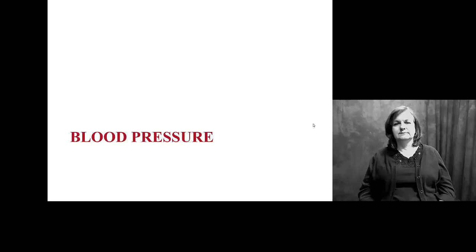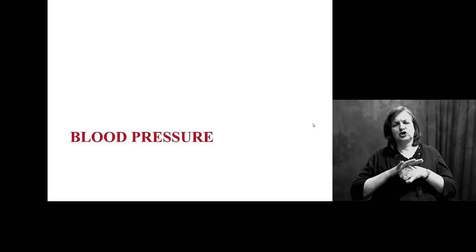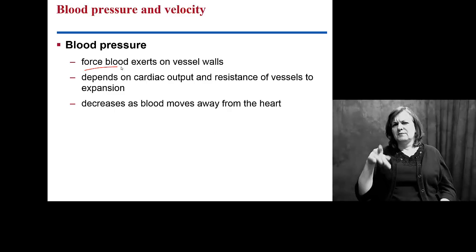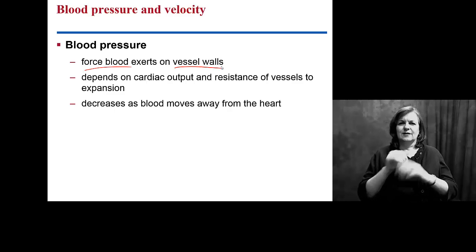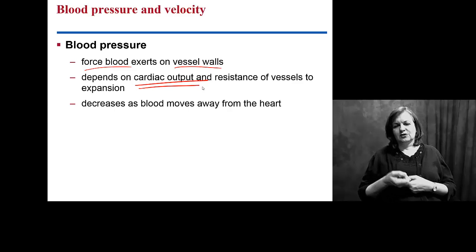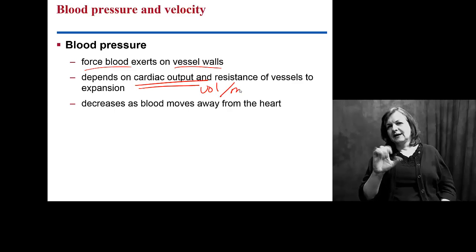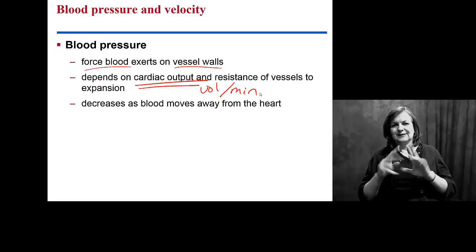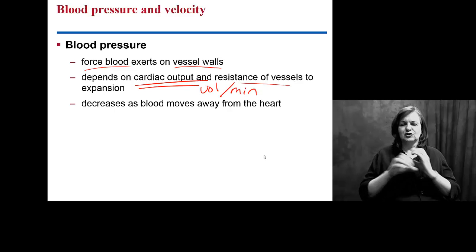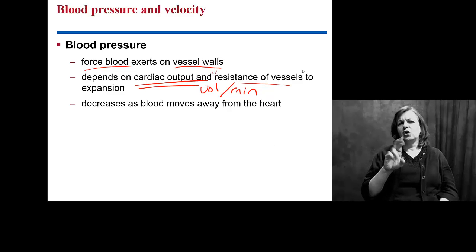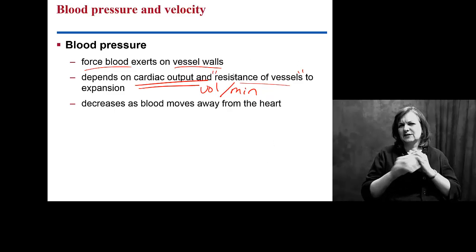So when we talk about your blood pressure, it is the force on the vessel walls. This is caused by your heart. This is caused by the cardiac output, which we said was volume per minute, and the resistance of your vessels. So the resistance, what I mean there is twofold.